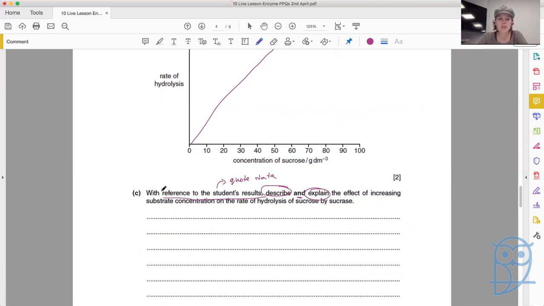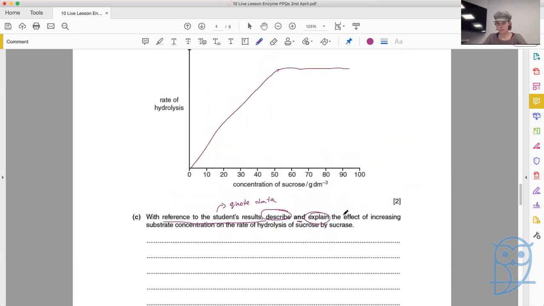The effect of increasing substrate concentration on the rate of hydrolysis of sucrose by sucrase. Okay, and we are now halfway through the lesson, and we still have another whole question to work through. So I'm going to do this one in more bullet point form. Okay, so what are the important features that we would be looking at here when we structure an answer?